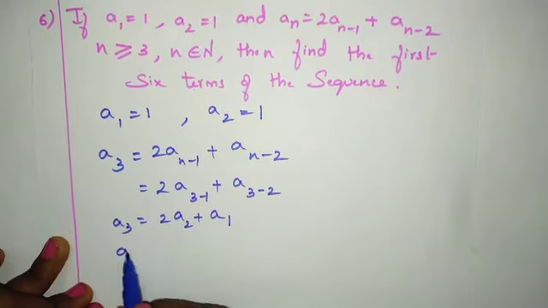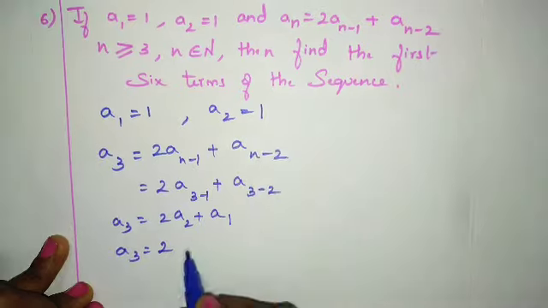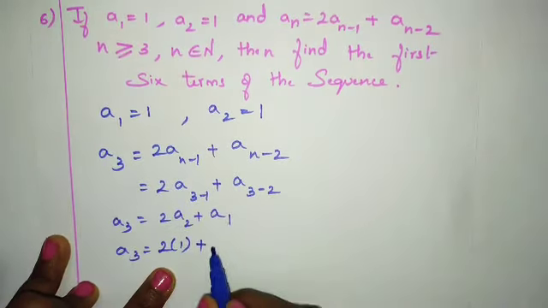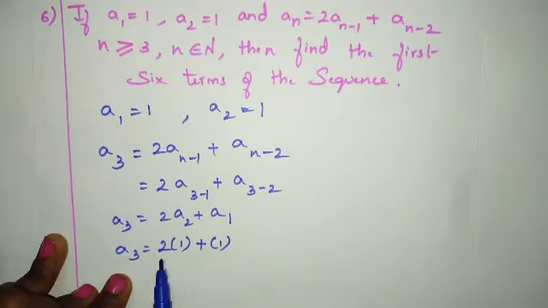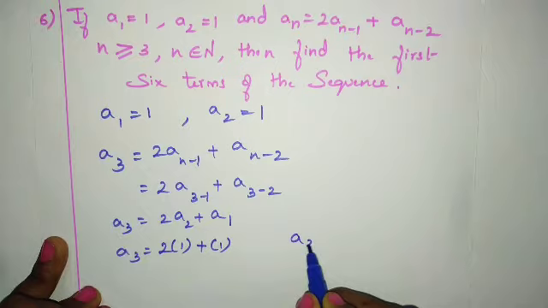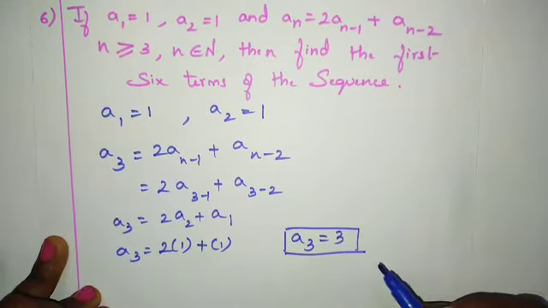We know a2 is 1 and a1 is 1. So 2 into 1 is 2, 2 plus 1 is 3. So your a3 is 3. You got the third term.